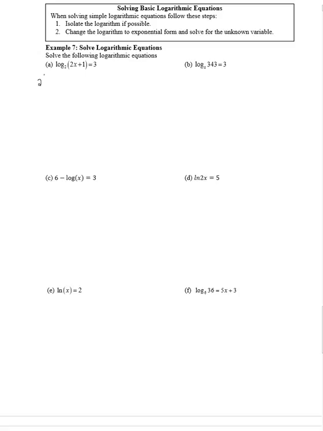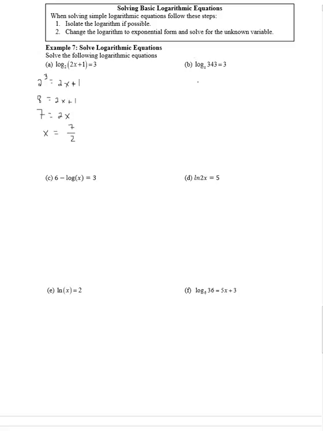So 2 cubed equals 2x plus 1. Well, 2 cubed is 8, and that equals 2x plus 1. So 7 equals 2x, which means x equals 7 halves. And of course, you should always plug back in and check.